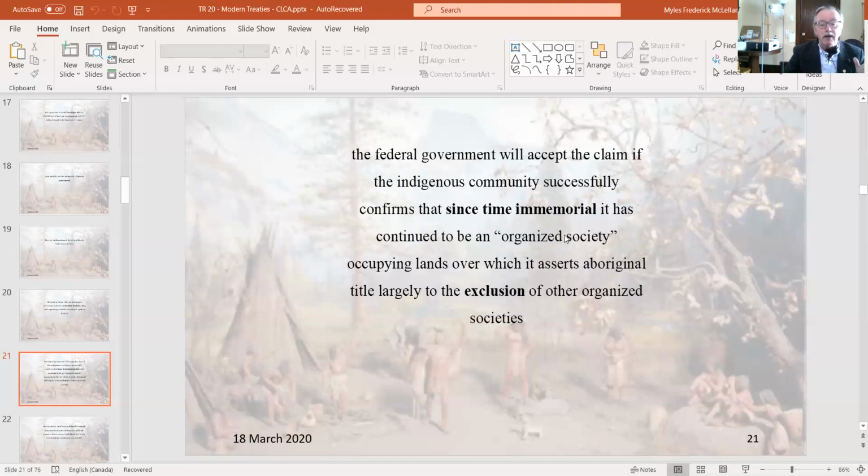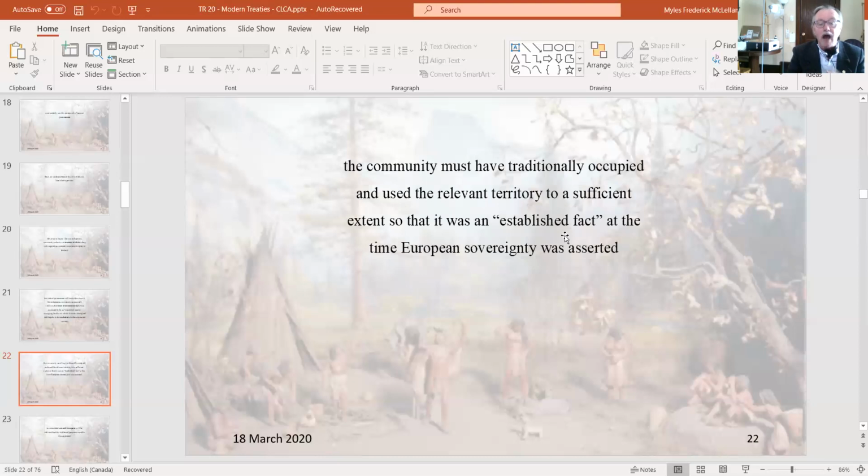Again, remember that history is not necessarily objective. It is in fact quite subjective. But in the case of a statement of claim for a modern treaty, you're only really going to have the historians that are hired by the Indigenous group to put their position forward.